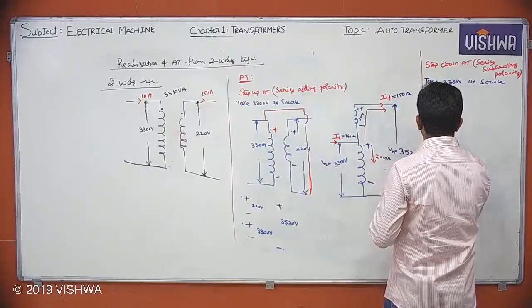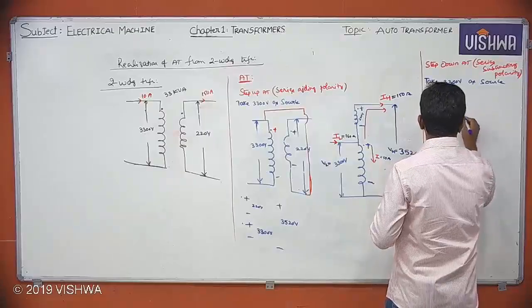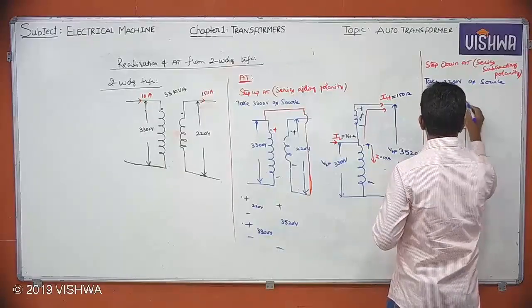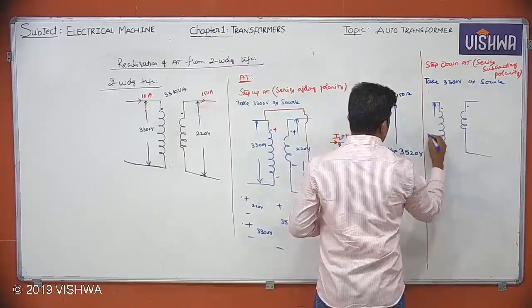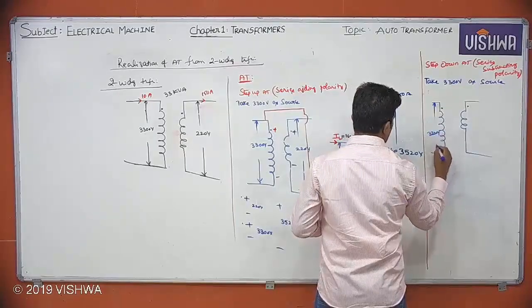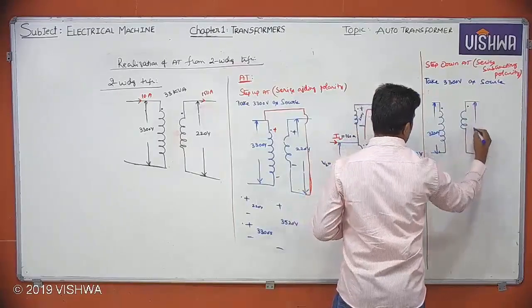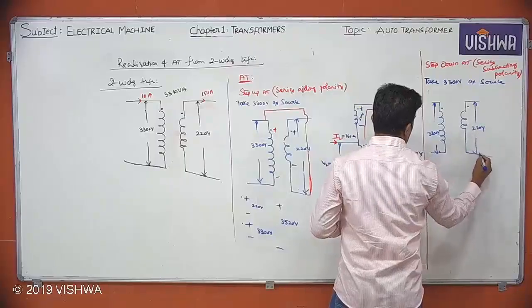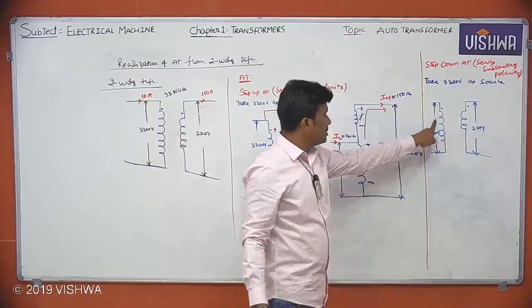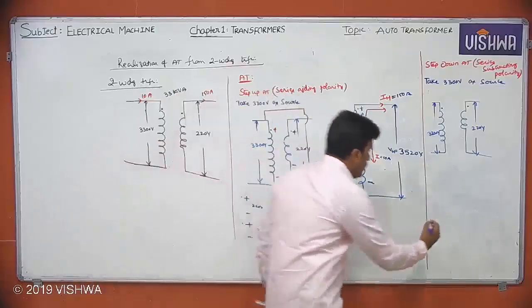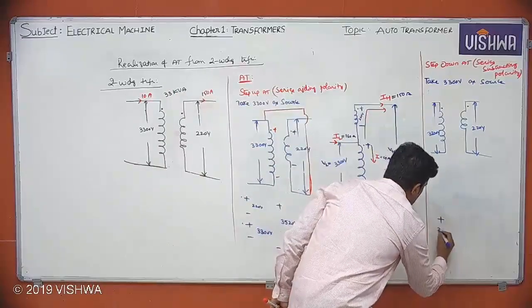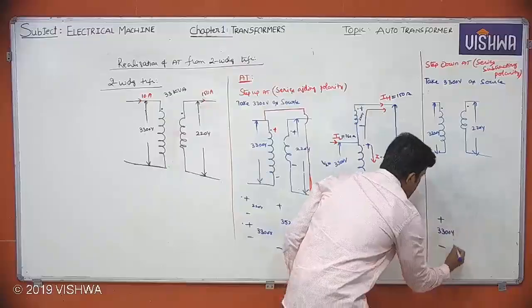This is the 3300 volts winding. This is the 220 volts winding. Dot here, 3300 volts, and here it is 220 volts. I just said that you have to use 3300 as source. So plus minus 3300 volts, I'm taking it as a source.